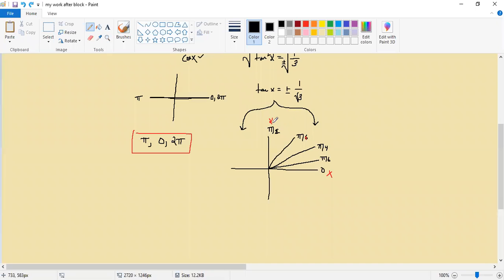So it can't be pi over 2, and it can't be at 0, and it definitely can't be at pi over 4 because we have the cosine being under root 2 over 2 and the sine being under root 2 over 2. So dividing that would just get us 1. So it's either pi over 6 or it's either pi over 3.